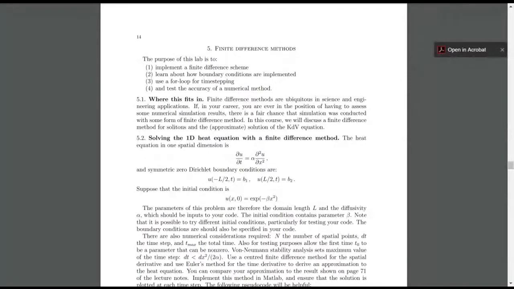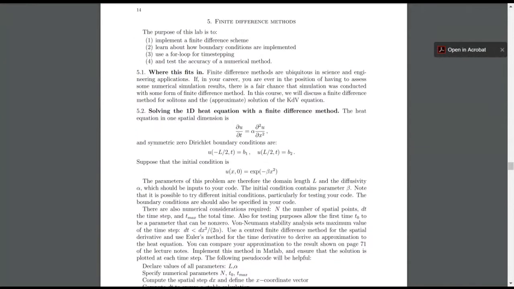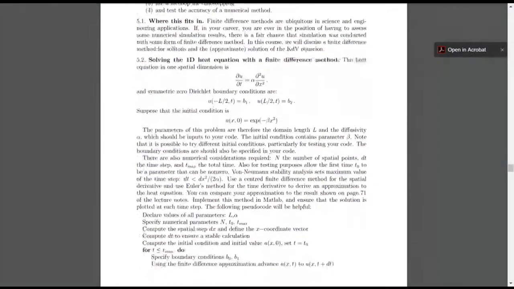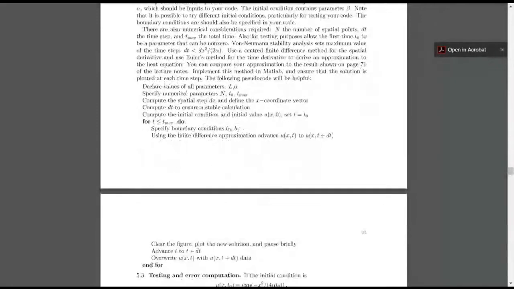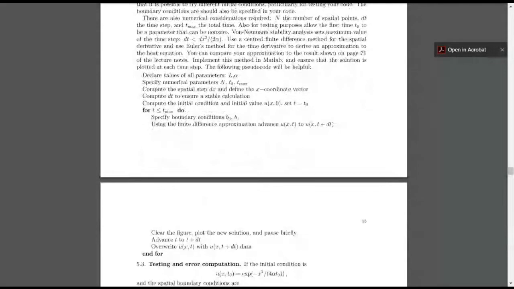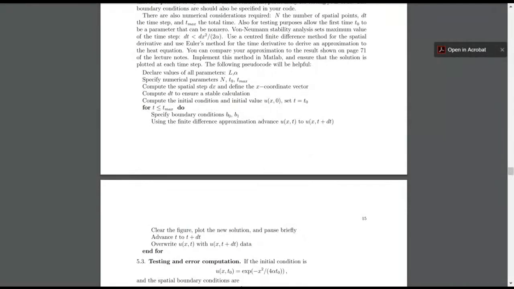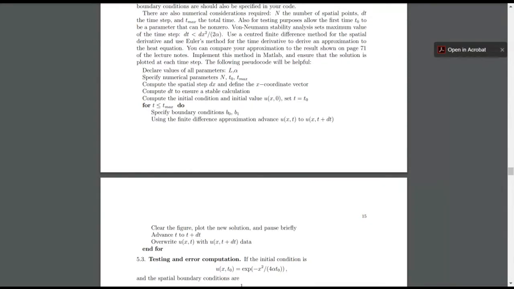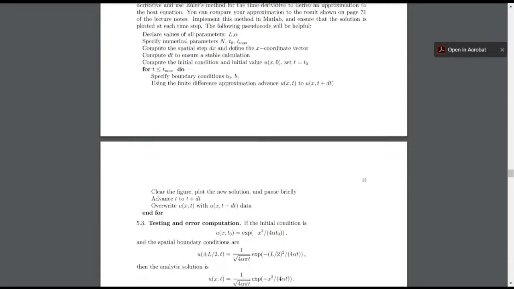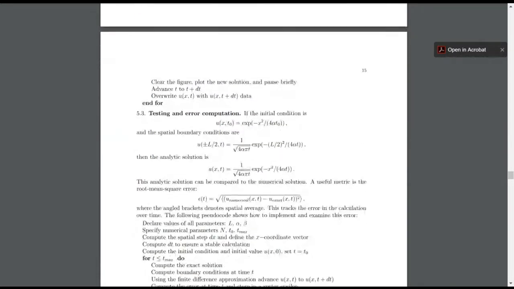I probably won't go through all of this example. What I'll probably actually do, I think it's a really good idea at this point in our numerical education, is step through how to get this pseudocode, and how to derive the numerical method that we're about to use.